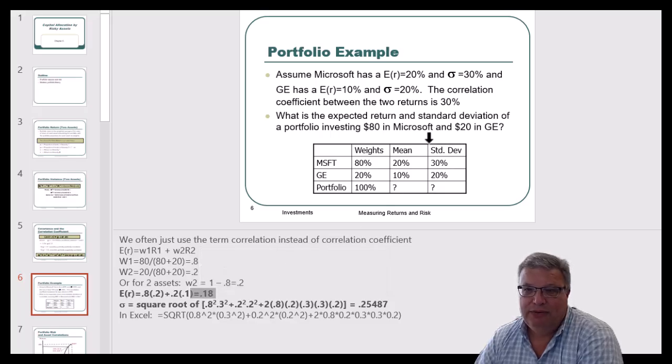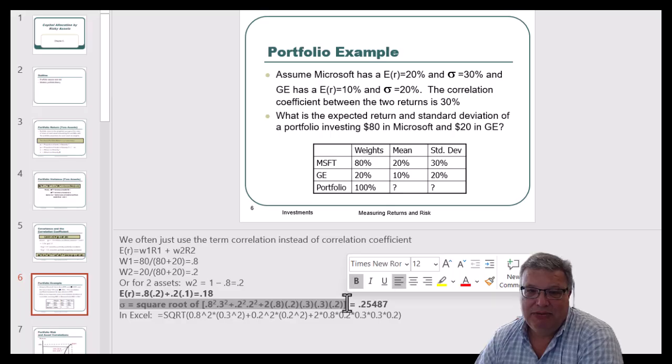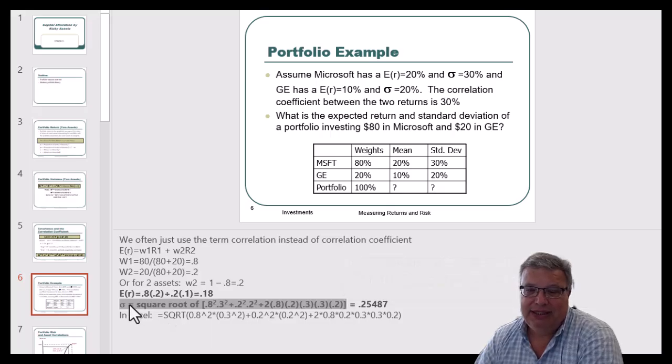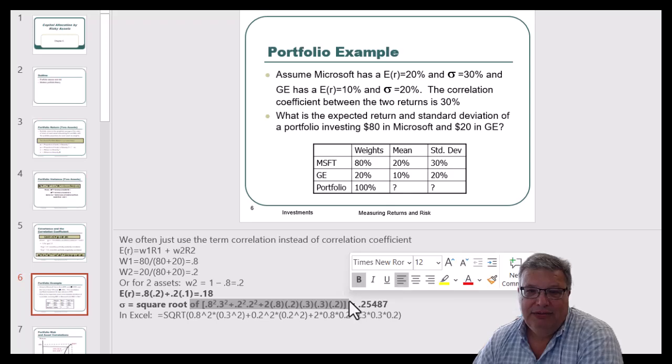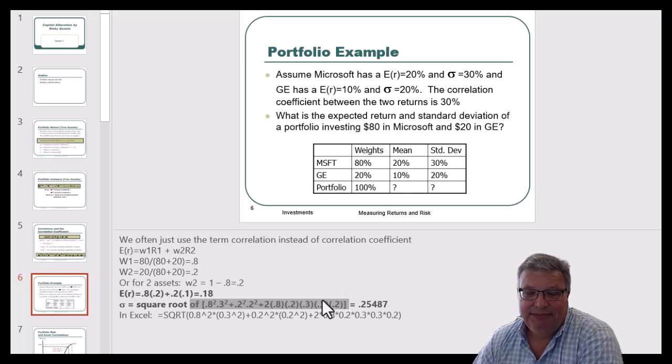Now for risk, what we're going to do is take the square root of that equation that we did before of portfolio risk or variance, right? If we take the square root of variance, we get standard deviation. So this is the variance equation right here with all the numbers plugged in, and if we take the square root of that, it gets us the standard deviation.